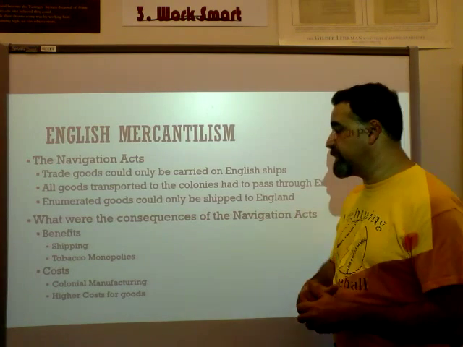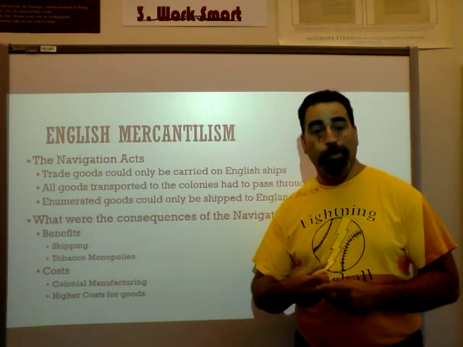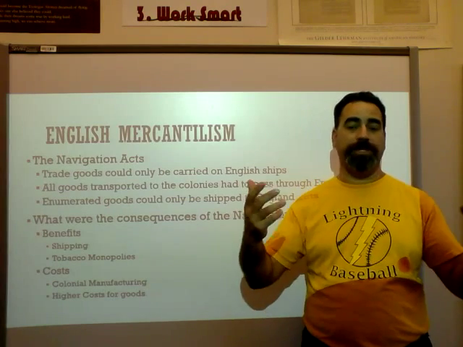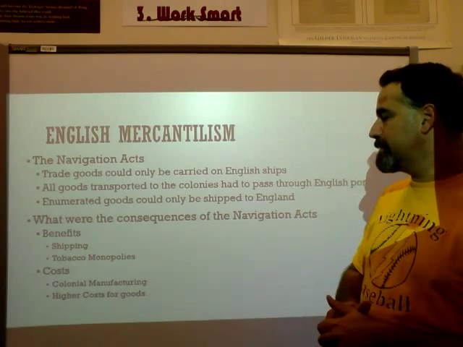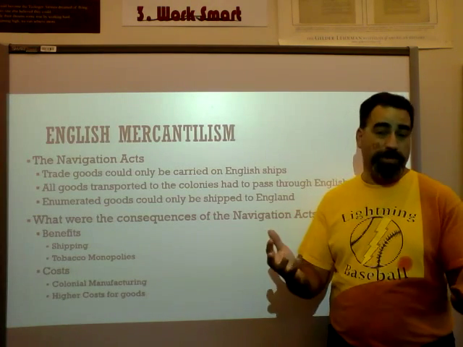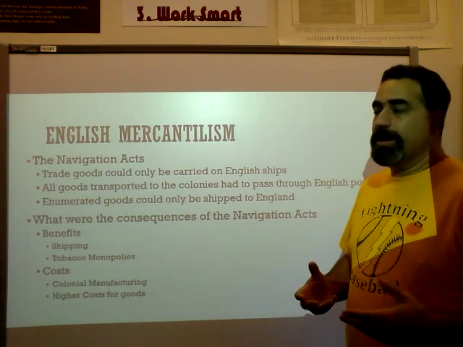Now there are some benefits to these Navigation Acts. If you were in shipping, or if you were one of the people who were lucky enough to own large monopolies, such as the large tobacco monopolies in the Carolinas and in the Virginia colonies, then this worked out for you pretty well. You could pretty much name your own price. Colonial manufacturers were kind of stuck.